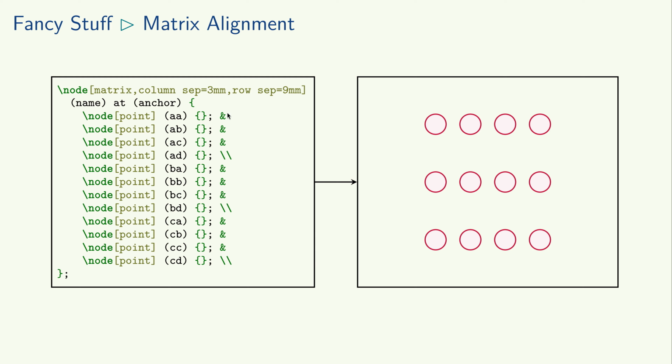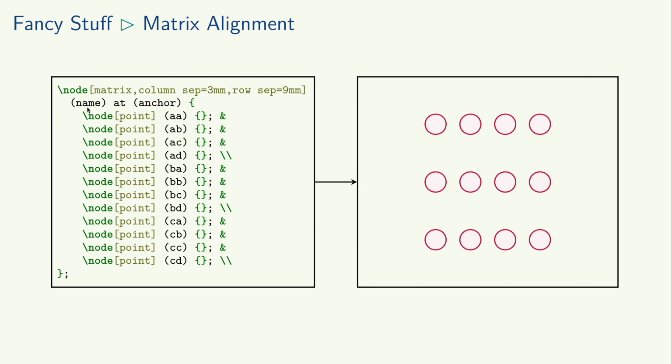In each row we have some ampersand separated nodes. These nodes can have names, and if we wanted to give them some text, they would go into these brackets. Then we instruct TikZ to lay out these things in such a way that we have at least 3 millimeters in between each column and at least 9 millimeters in between each row.